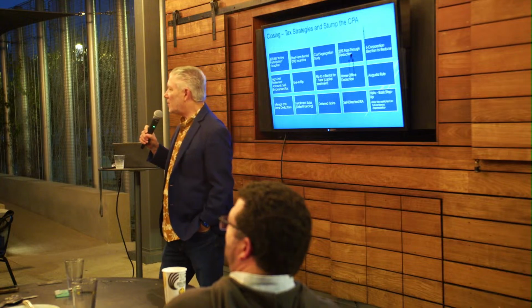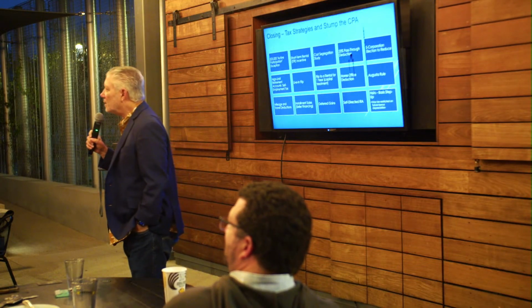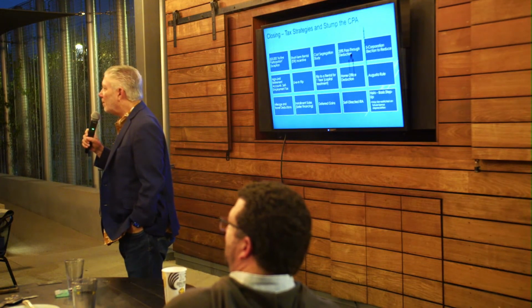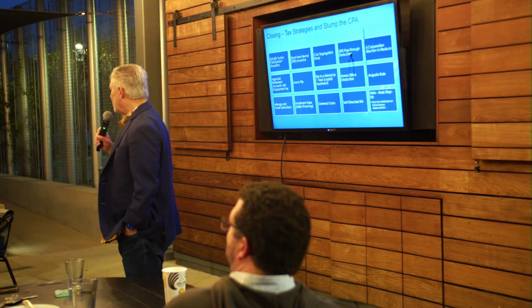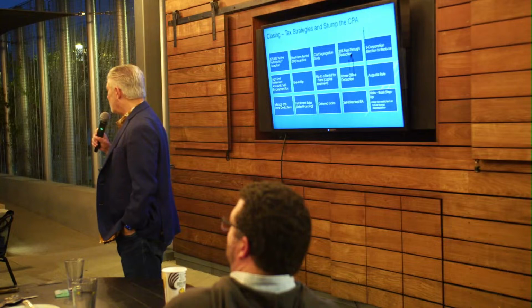I didn't hear the entire question. Is there a max limit on a cost seg? I don't think there is. You can get a cost seg for whatever you want, but you might have to carry it forward or carry it back if you don't have enough income and it generates a net operating loss.